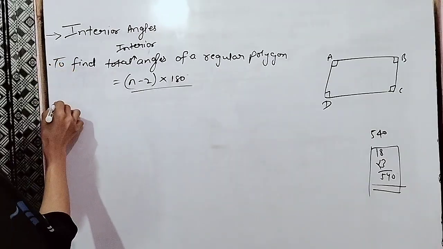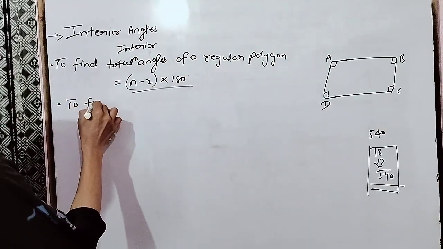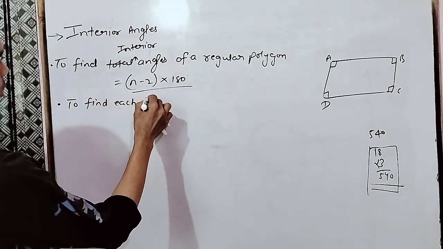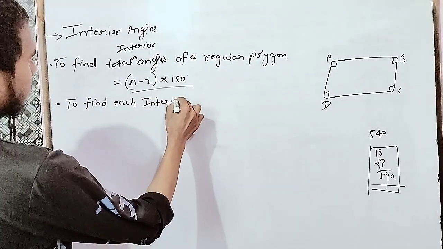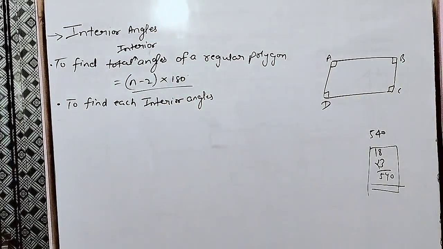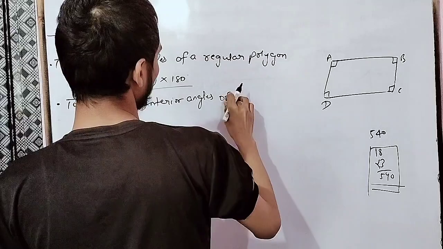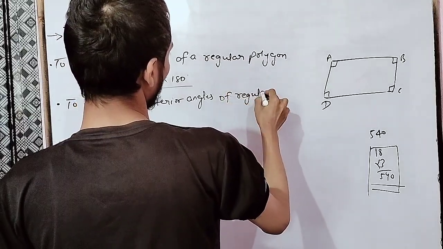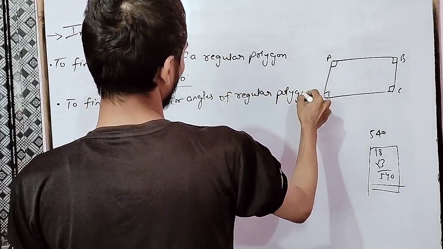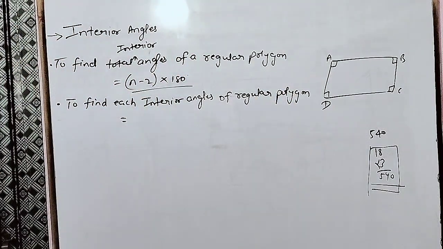Now, to find each interior angle of a regular polygon, what would be the formula? Can you tell me?